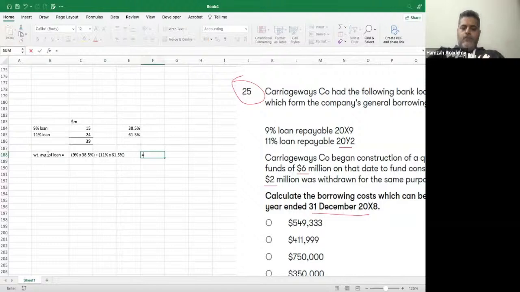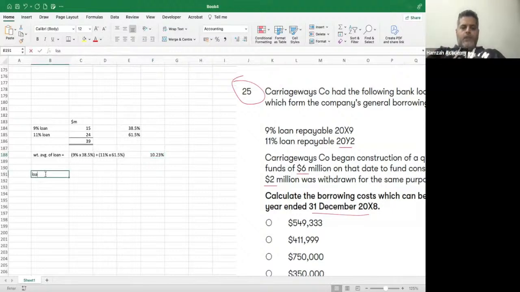So if I solve it, 0.09 into 0.385 plus 0.11 into 0.615, and I go into the percentage, this is 10.230 or 10.23%. The weighted average has been calculated.